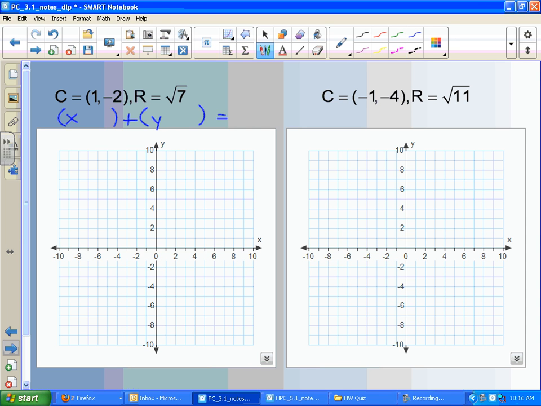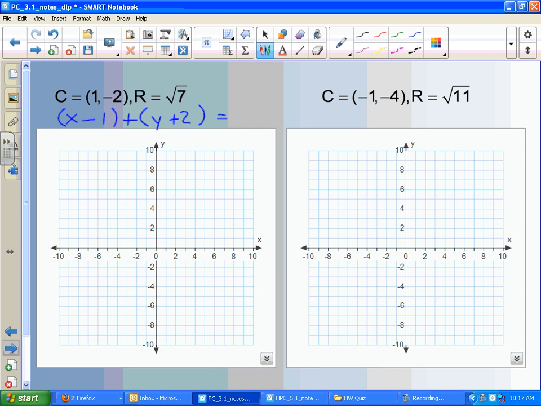So in my equation, it's going to be what? X minus 1. Okay, what's the K value? Brooke? In my equation, it's plus 2. Okay, now here's the tricky one. What is my R? Oh, good, 7.